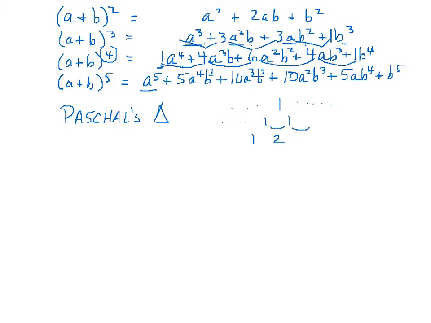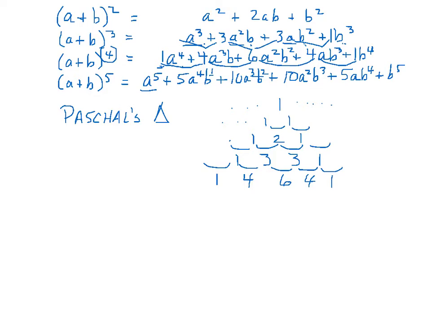So you'd have 1 and 0 is 1. 0 and 1 is 1, 1 and 2 is 3, 2 and 1 is 3, 1 and 0 is 1, 1, 0 and 1, 1 and 3 is 4, 3 and 3 is 6, 3 and 1 is 4, 1 and 0 is 1.